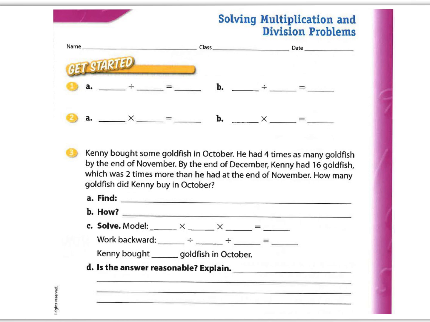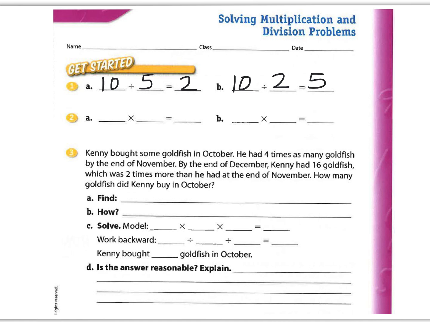So I'm just going to pick some problems to do here for these first ones, 1 and 2, as a reminder of what we've been doing. So for example, if we do 10 divided by 5, we know that that makes 2 groups. But remember, that also gives us 10 divided by 2 equals 5 groups.